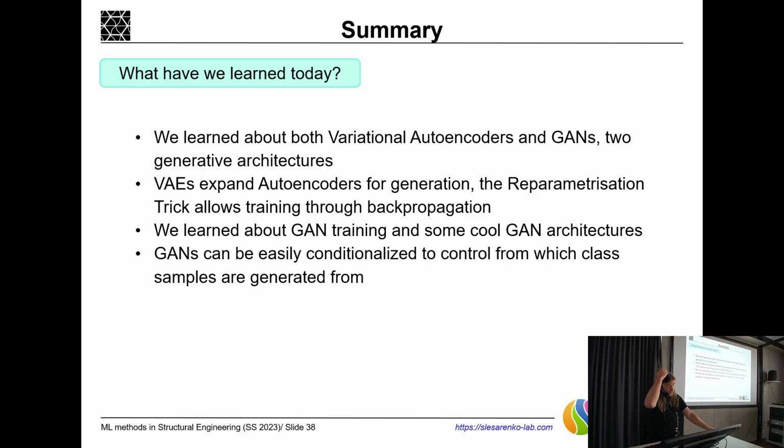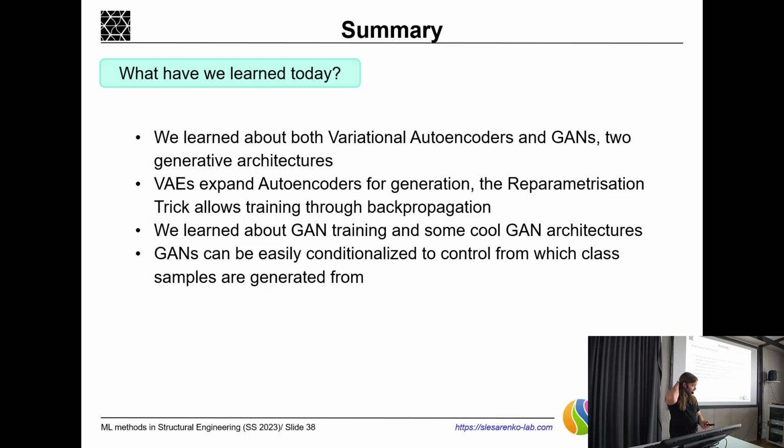That's quite nice for a lot of examples, especially if we think back to the ChatGPT thing in the beginning, if we want specific properties. So basically, if we have a structure and we want the structure to have maybe a specific stiffness, we can also conditionalize on that. So we can learn to generate structures that have exactly the stiffness we want. Okay, and that's it. And I think Slava has something.